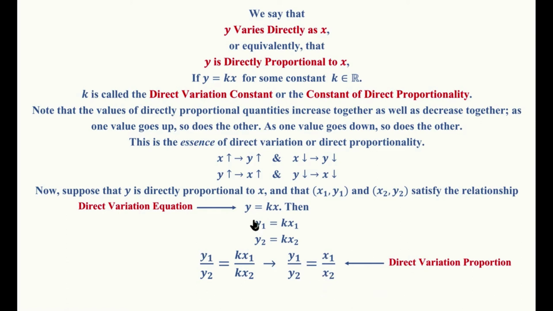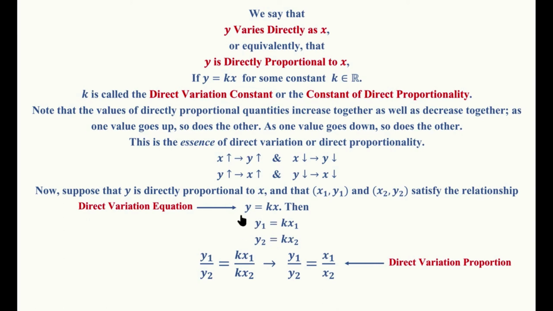Now, both the direct variation equation and the proportion are important, and they can help us solve problems involving direct variation. With the direct variation equation, you are required to find the constant of variation first before you can solve for other quantities involved.